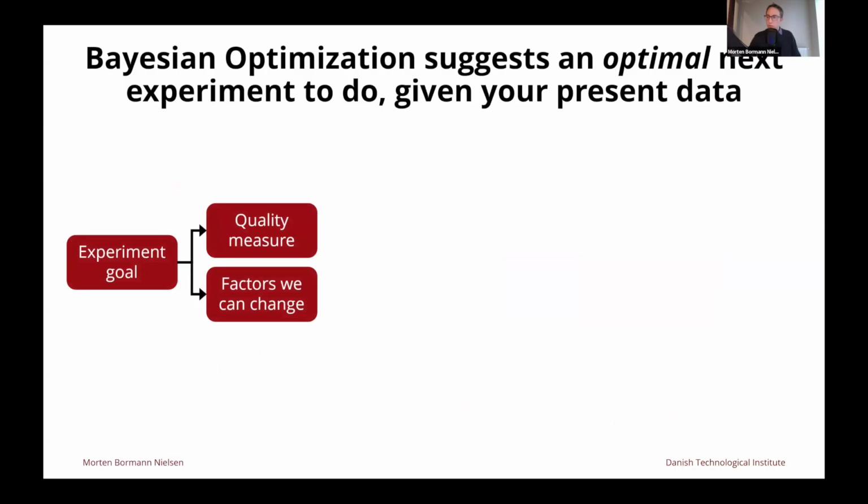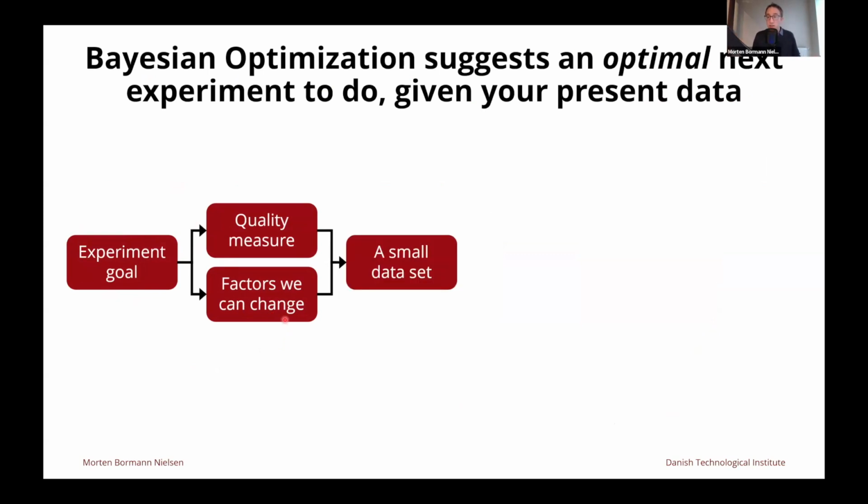So to show you the workflow, in Bayesian optimization, we have to start out thinking about what we want to achieve, and then how we will measure quality, in the sense of how we will measure whether we're getting closer to this goal. We have to think about the factors that we can change and what the limits of those are before we begin experimenting.